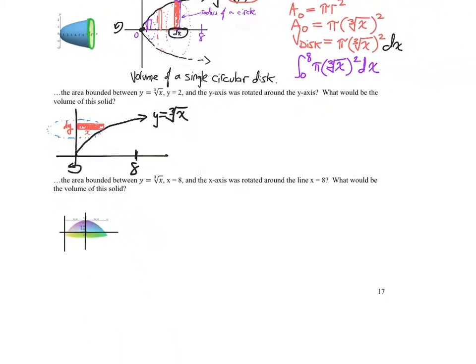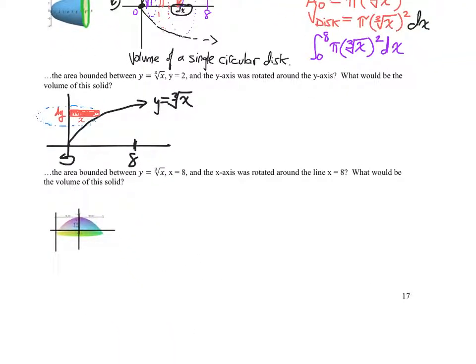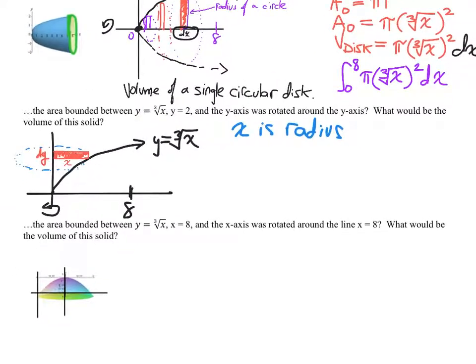That x is going to end up being your radius. Just like in the last part, the y was the radius. So I have a relation between x and y. I just cubed both sides. x is equal to y cubed.